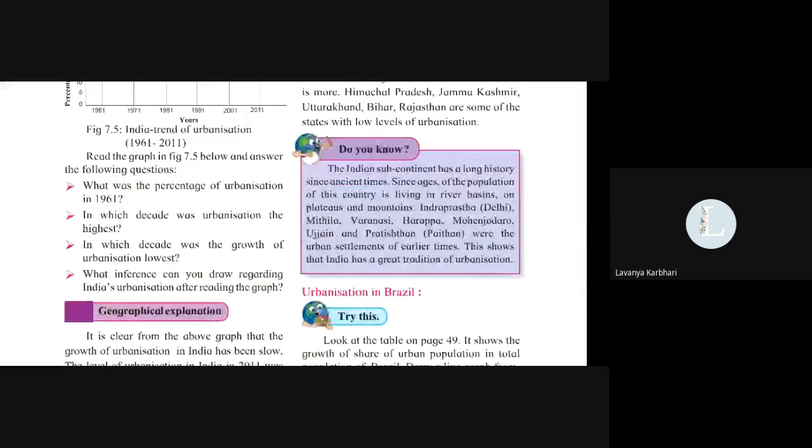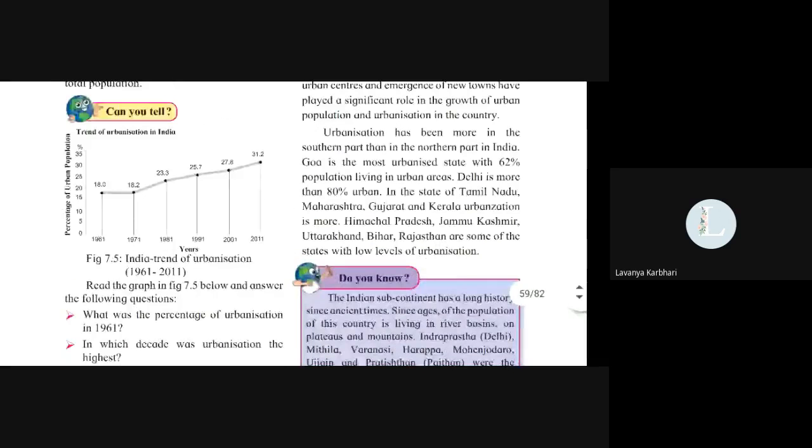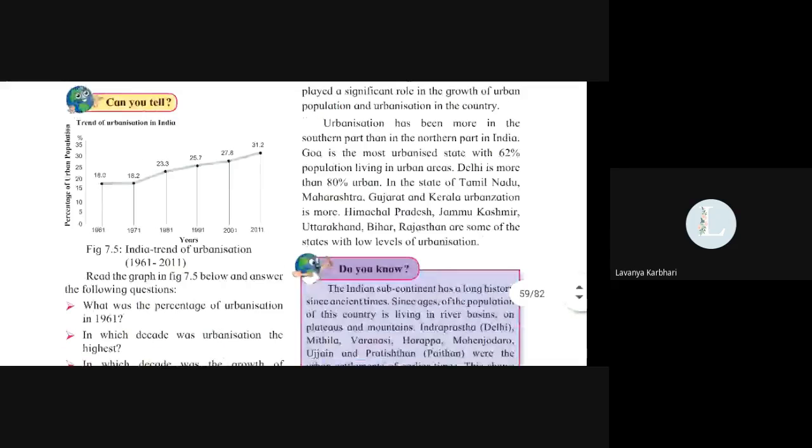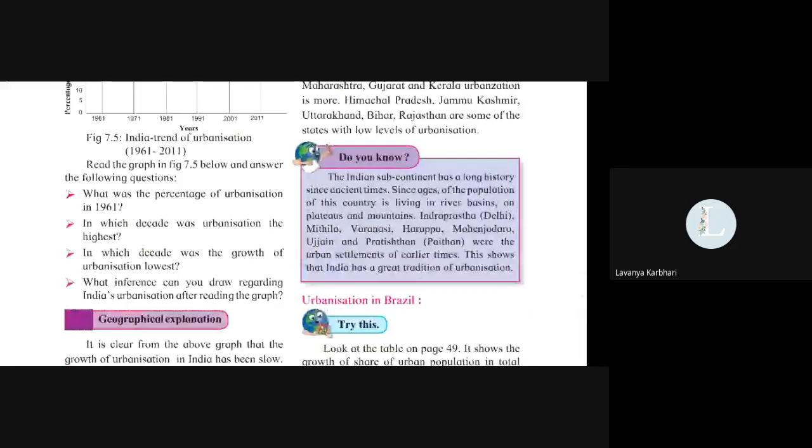Read the graph in figure 7.5 below and answer the following questions. Okay, so based on this graph, they have asked some questions. What was the percentage of urbanization? In which decade was urbanization the highest?